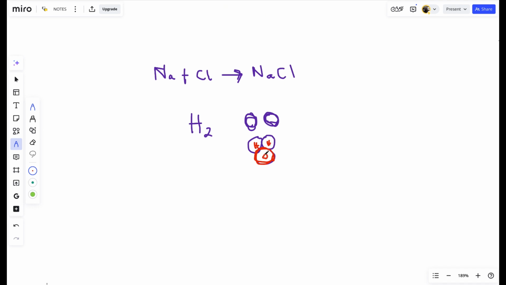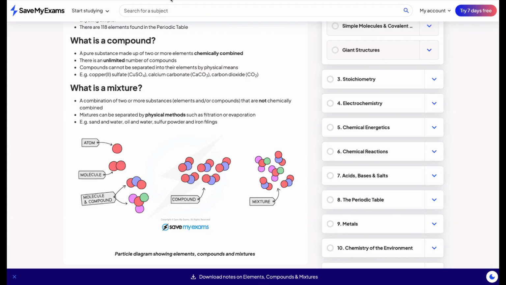This becomes a compound because two or more elements are chemically combined together. But these two are molecules if they touch. If you just have one hydrogen atom, it's just an element. Is that okay? So we move on quickly.